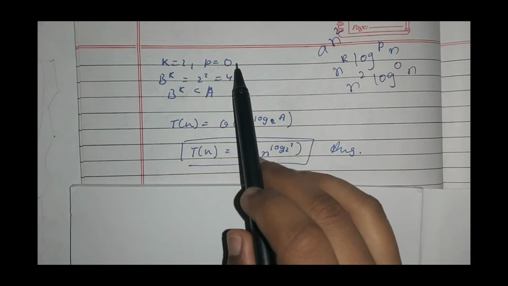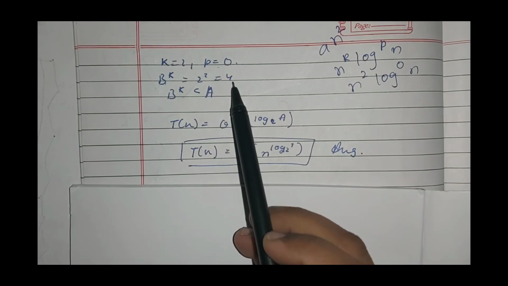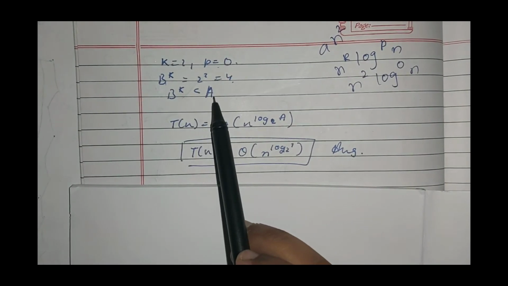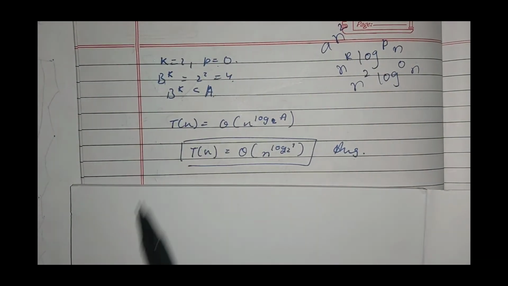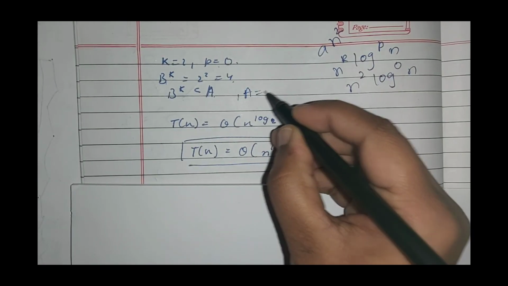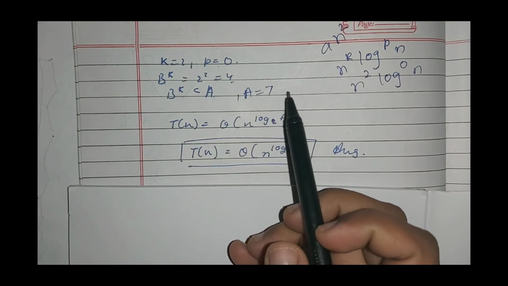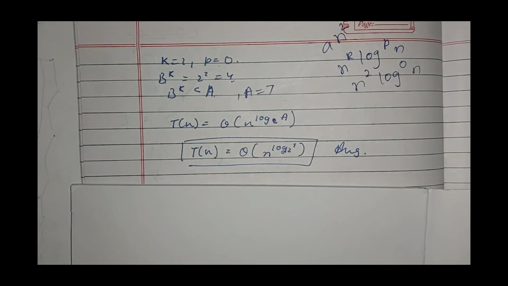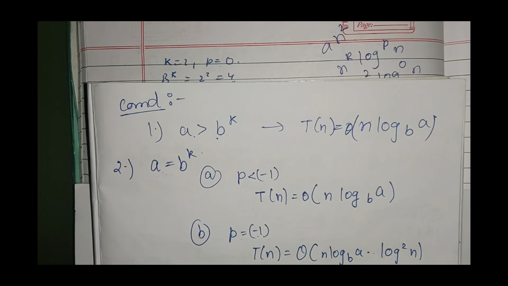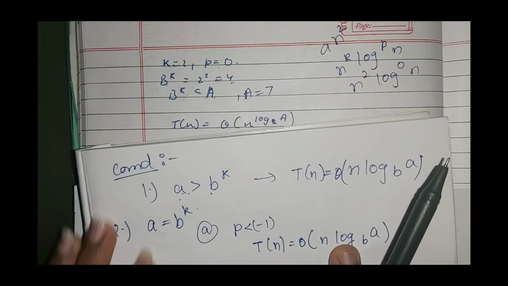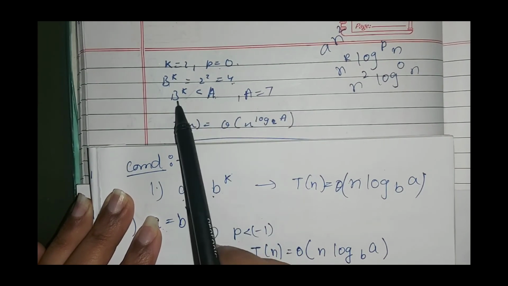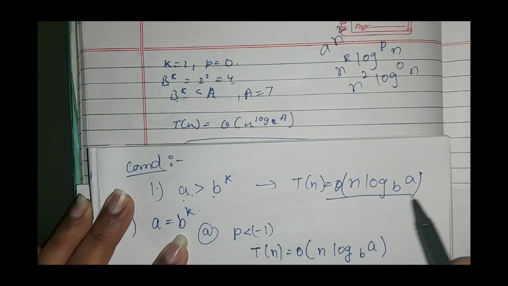So we are having p is equal to 0, b^k is equal to 2 power 2, that is 4. b^k is less than a, as a is equal to 7 and 2 power 2 means 4 is obviously less than 7. So we have to apply the condition. So we can see that a is greater than b^k.